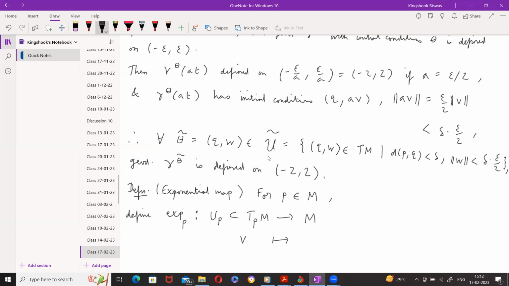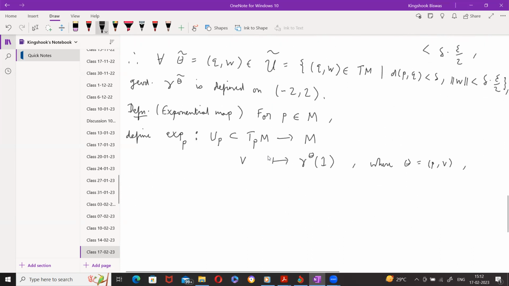So then I take the unique geodesic with initial conditions P and V, and I flow along that geodesic up to time 1. Okay. So this will be gamma theta of 1, where theta is P comma V. Okay. And what is this UP?